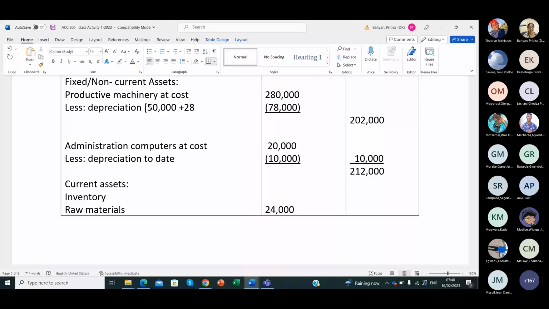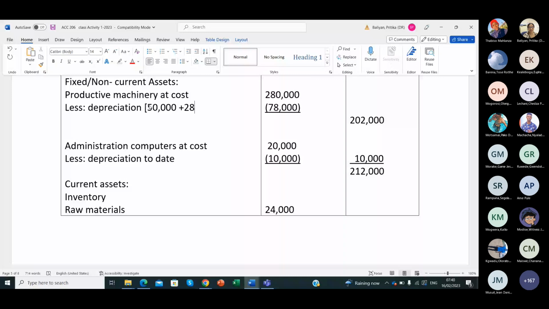Yes. Okay, so what does it mean? When the machinery was bought, it was bought on 280,000, but after using certain years, now the current value remain as a 230,000. Okay, this information can also be given you as provision of depreciation in previous year 50,000. So still is the same meaning.